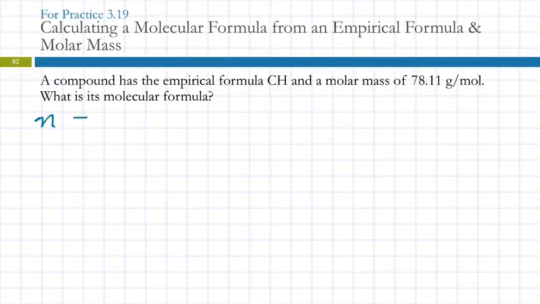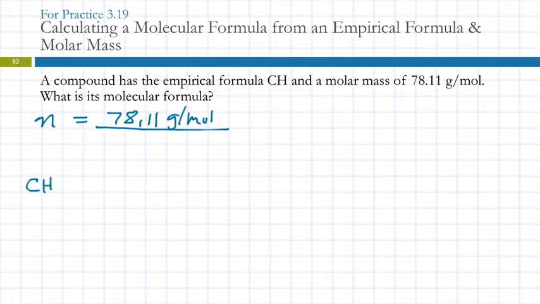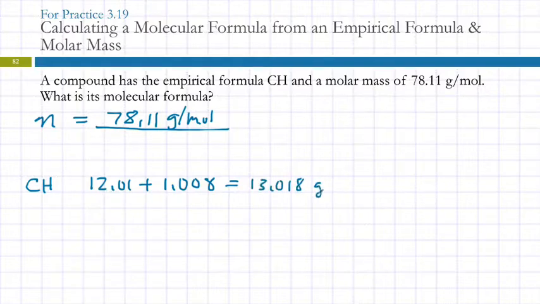So we're going to take the molar mass that's given, 78.11 grams per mole, and we're going to divide by the molar mass of this formula. So for CH, that's going to be 12.01 plus 1.008, which I think is 13.018 grams per mole.